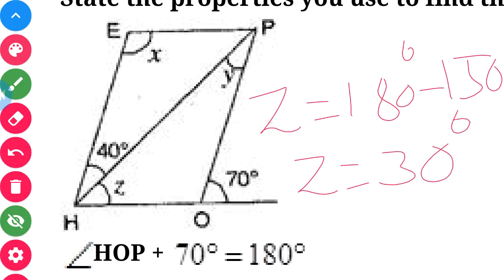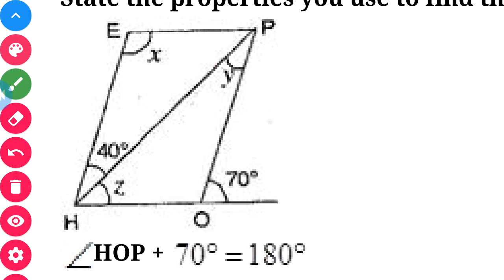So when I get z is equal to 30 degrees, this also becomes the same thing, 30, and here it becomes 30, and 30 plus 40 is 70. So the opposite angle of y also becomes 40. Alternate angles are equal. This is how we use the properties of parallelogram and find the values of the unknown angles.